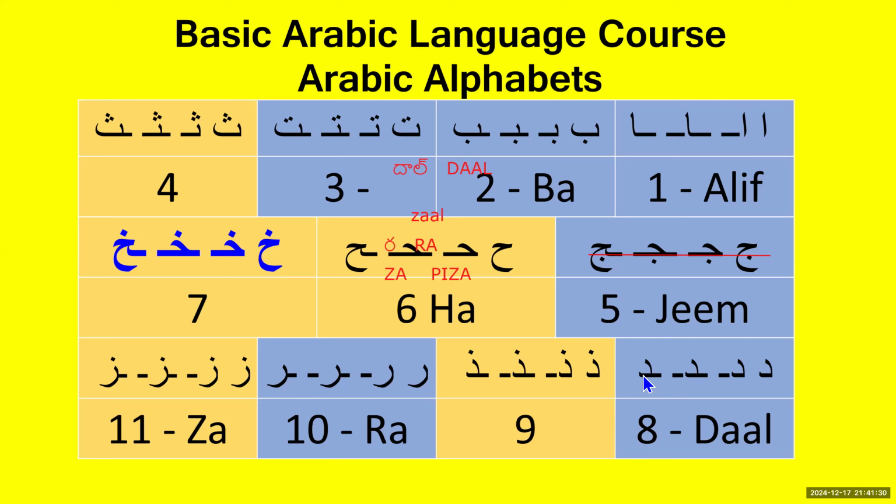Second thing you have to be careful about: this curve, this diagonal line, should be a little bit more in length compared with ba, ta, sa. You see here, this also looks like a curve, but it's a small one. Here it should be more than 2/3.